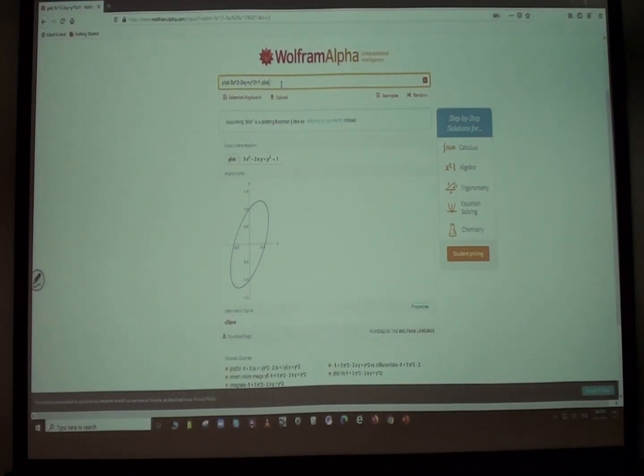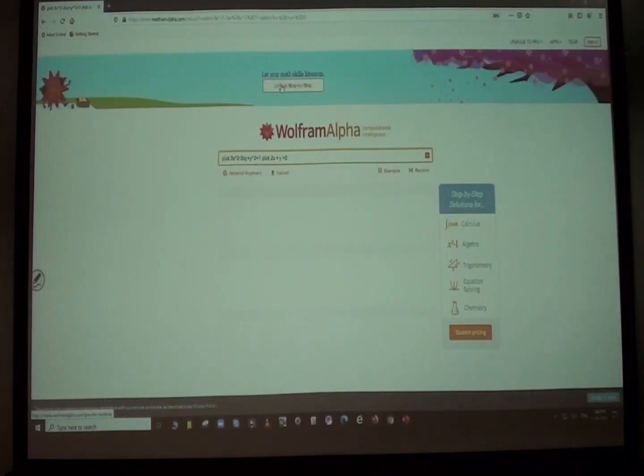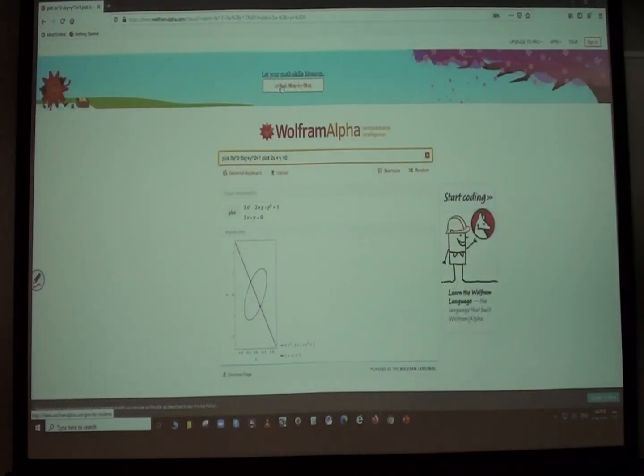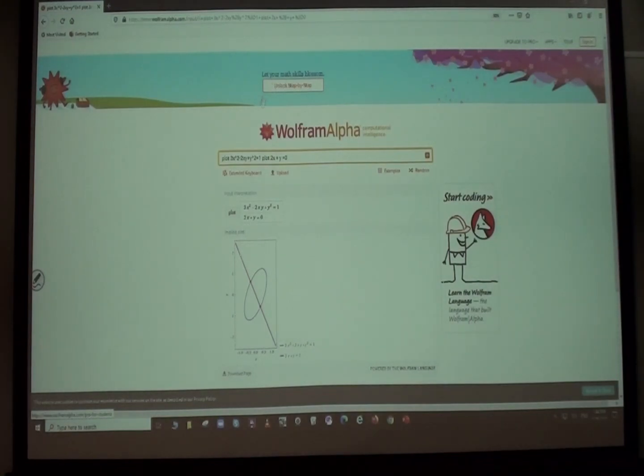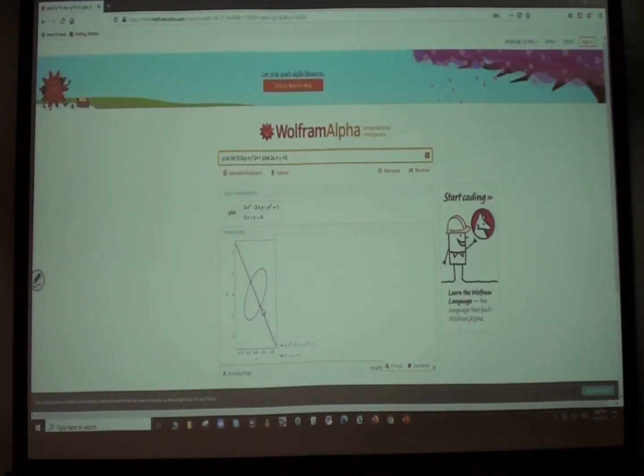Let's write plot 2x plus y equals 0, enter. Done. It works. You can see two red dots. Those are solutions for these two equations. What do we need to do now? We need to replace these equations with our equations.